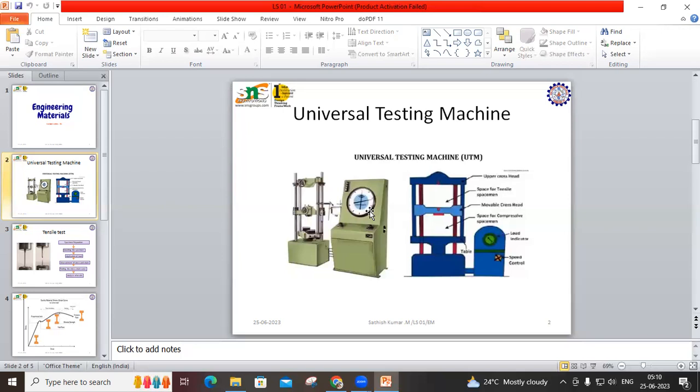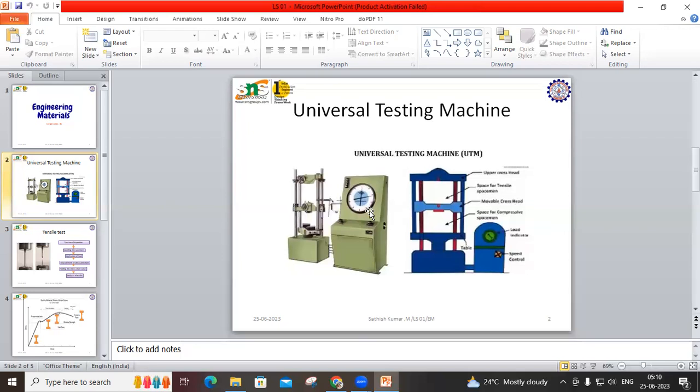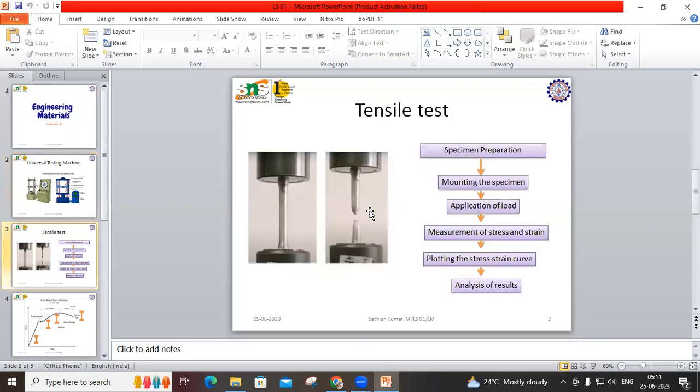Actually what happens in this test, we will see with the flow chart. Coming to the first point, the tensile test, also known as the tension test, is a mechanical test used to determine the behavior of materials under tension. It is one of the most common and fundamental tests performed on materials, especially metals, to understand their mechanical properties.